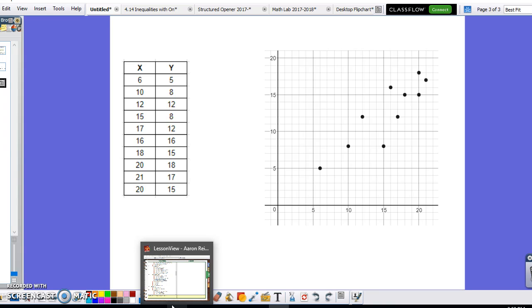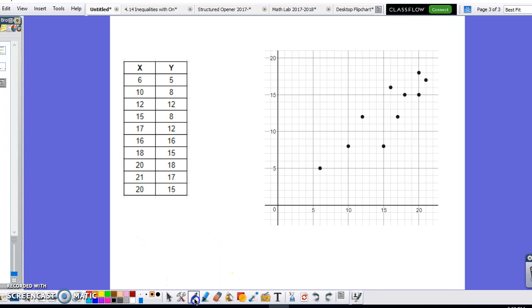Okay, so the next thing we need to do is calculate the balance point. So this is one of our success criteria, and this is new. So the balance point is, I like to write it like this, the average of x, comma, average of y. So average those two together.